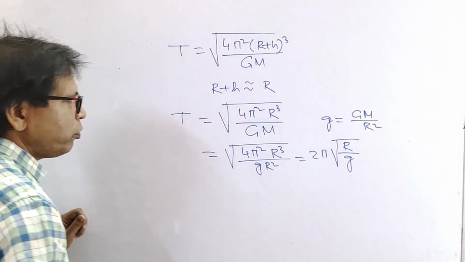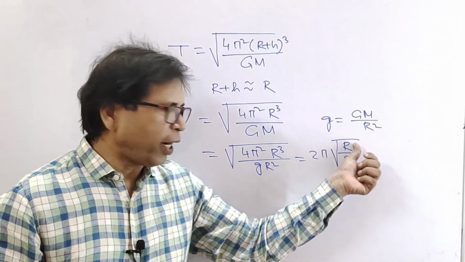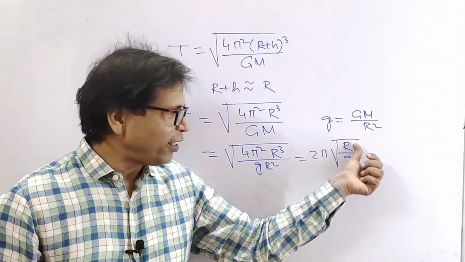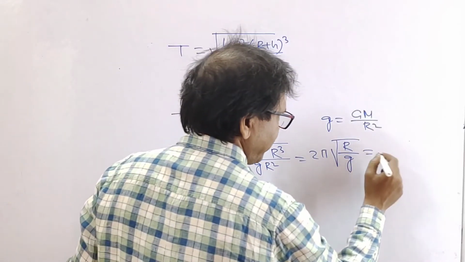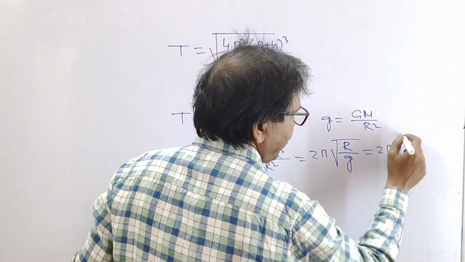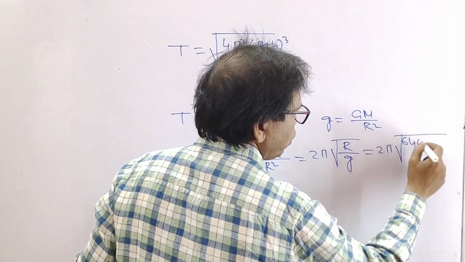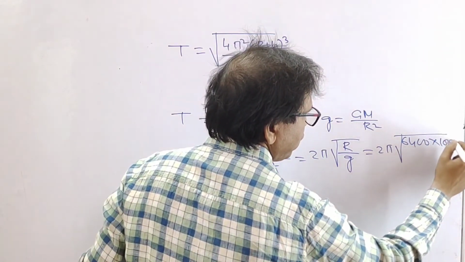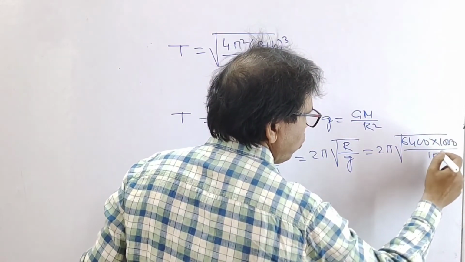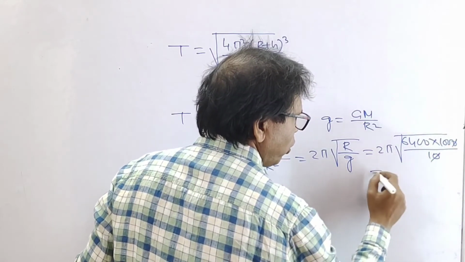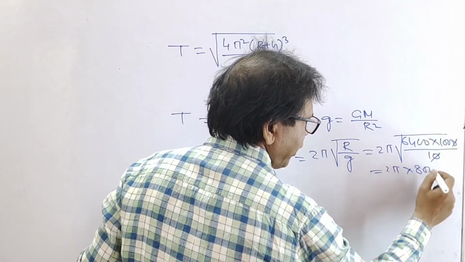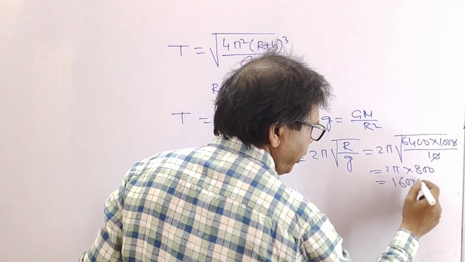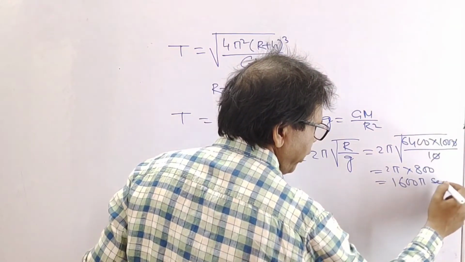Now if we put the value of R, the radius of the earth, and acceleration due to gravity, we get 2π√(6400 × 1000/10). This and this cancel out, so 2π × 800, which is 1600π seconds.